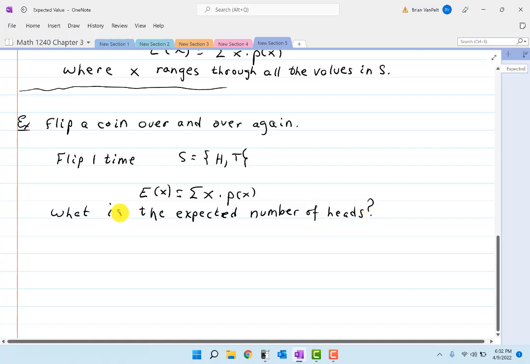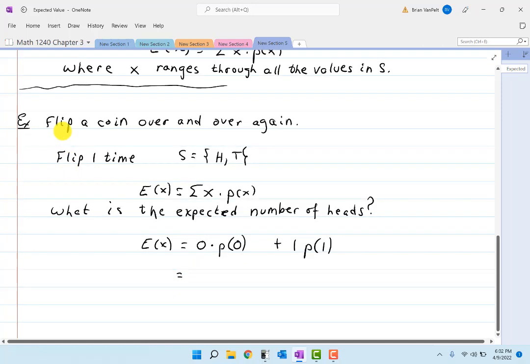All right, so now what I can do is when I do my E of x, I can do what's the probability of 0 heads? And then I can do what's the probability of 1 head? So instead of 1h, I'll just put a 1, and I'll just put a 0 so it'll work. This way we've created them, they're numerical.